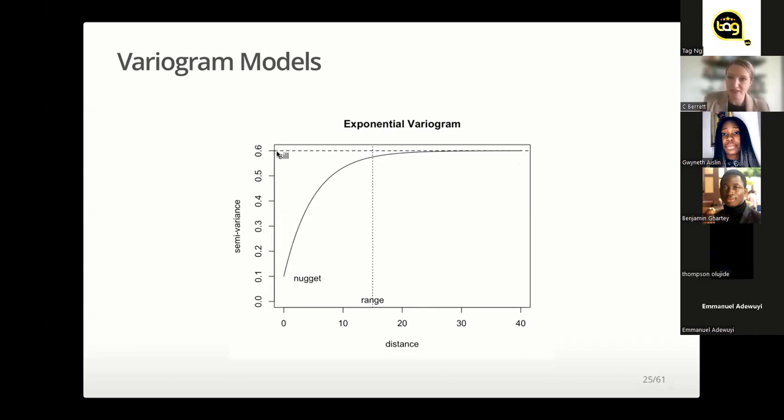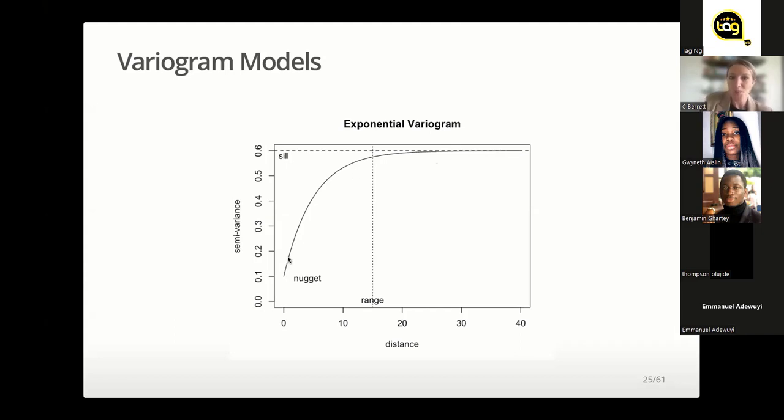So we have the sill, which is where the variance levels off. The nugget, which is how much variance there is at measurements that are at the same point, 0 distance apart. So this is that error, that epsilon, the variance from the epsilon. And then the range is how long before that variance levels off.